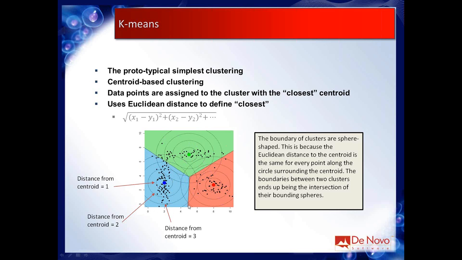And so what you end up with is a decision boundary where these circles intersect. These lines that I've drawn where the circles intersect, any data point on this side is going to end up being assigned to this cluster, and any data point on this side is going to get assigned to this cluster and so forth.